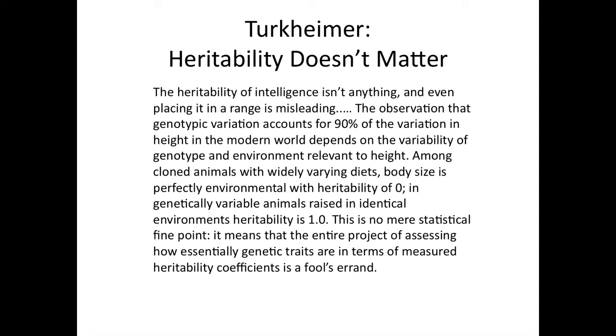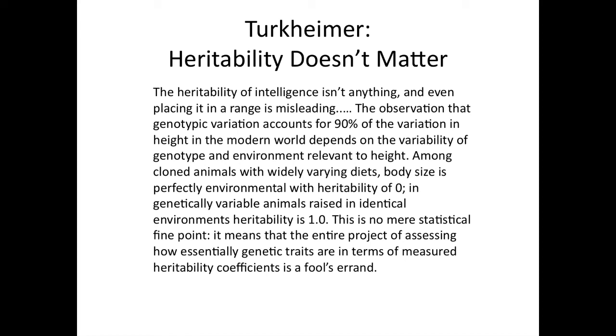So, well, I'm going to talk a lot about body size. So down the second half, among cloned animals with widely varying diets, body size is perfectly environmental with a heritability of 0, right? Because they're cloned animals and they're all genetically the same. In genetically variable animals raised in identical environments, heritability is 1.0 because their environments are all the same and their genotypes vary. This is no mere statistical fine point.